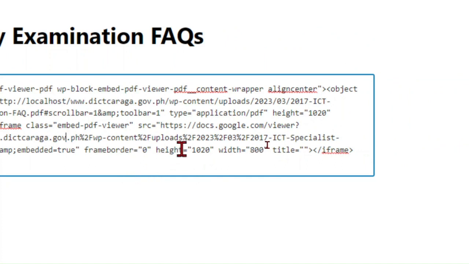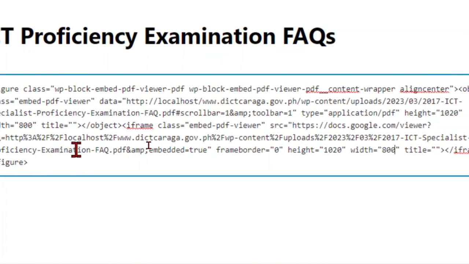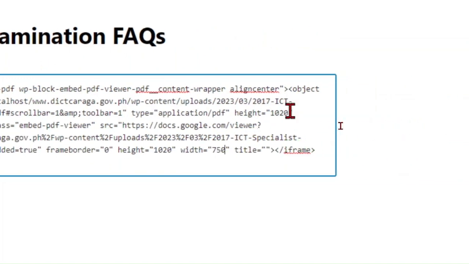Okay, from here as well, the size, the width, and the height, so that it can be arranged. The title. Okay, it's really important. There's no, and if you want to make an adjustment for that, let's say you just want to make it 750 instead, that will be okay, because depending on your screen size.